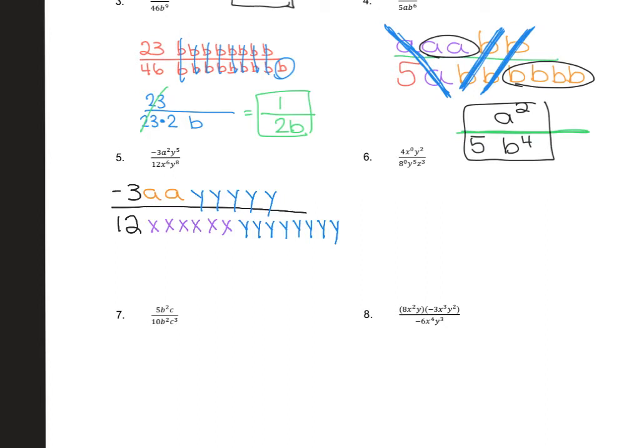Okay, so I'm going to knock that out. 2, 3, 4, 5, and now I've run out of y's on top. So how many do I have left and where are they? I have 3 y's on the bottom.